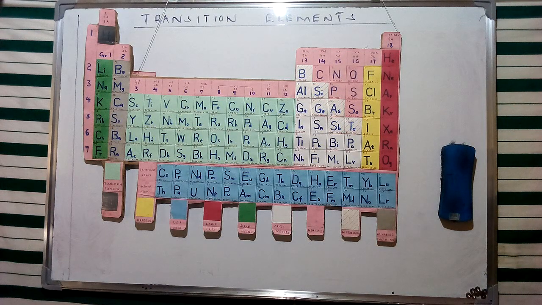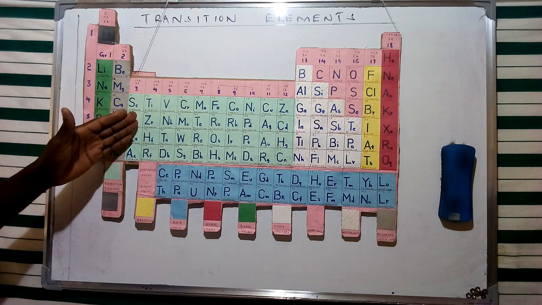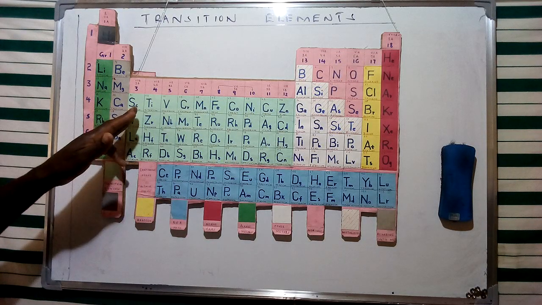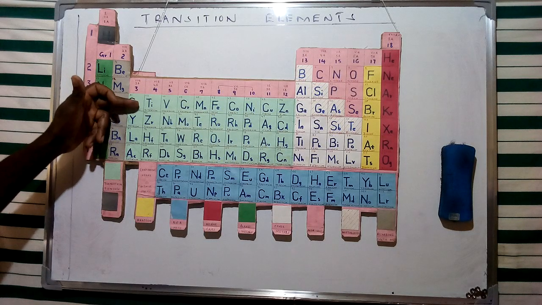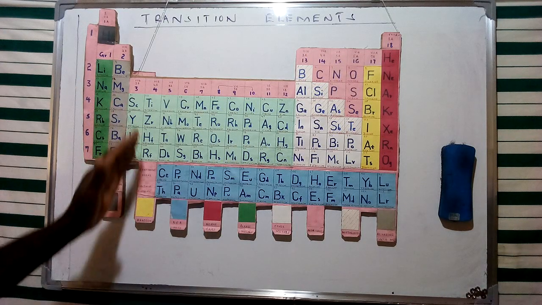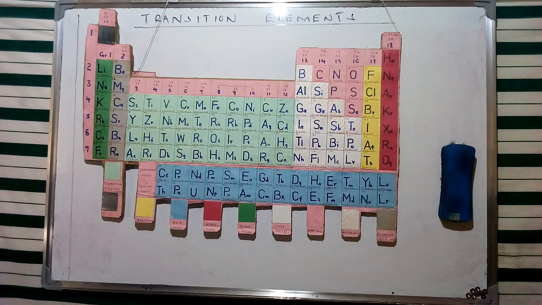In this particular case, we're going to look at the transition elements in terms of different families, or different groups, whereby the first element represents a reference for those specific groups.